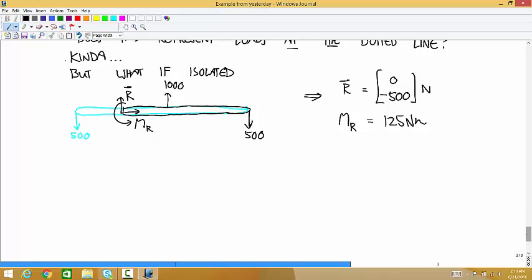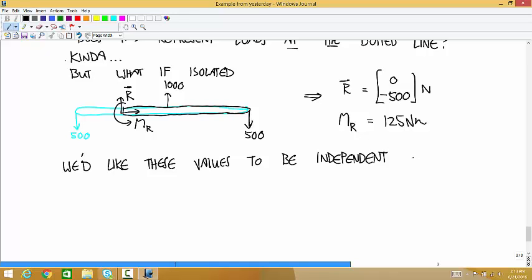But we'd like these values to be independent of which side of the dotted line we choose to isolate.